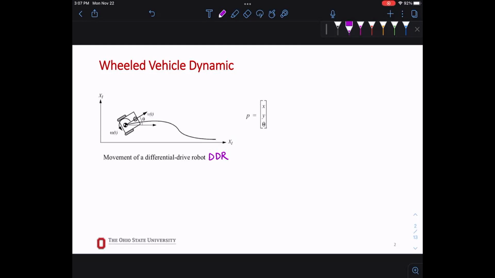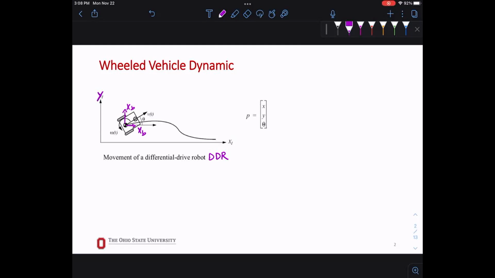Now, the frame of the robot at the beginning will be in the same direction as the board frame, XI and YI.